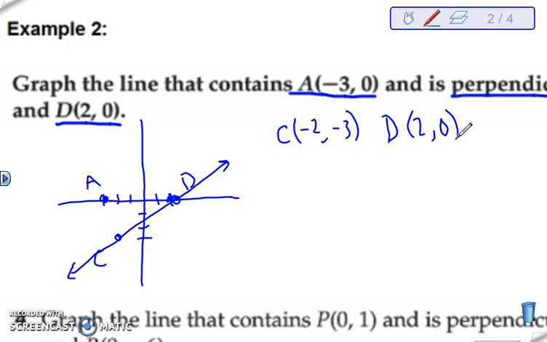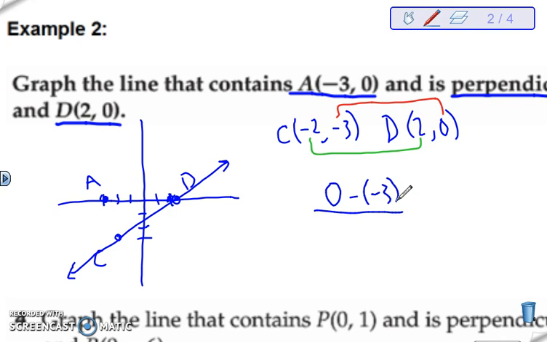Alright, again, we're going to find our slope, so we're going to connect the y's, connect the x's, and it's rise over run, so 0 minus negative 3 over 2 minus negative 2. Again, be careful of the negatives because we should not get 0 on the bottom. So 0 minus negative 3 is 3. 2 minus negative 2 is 4.